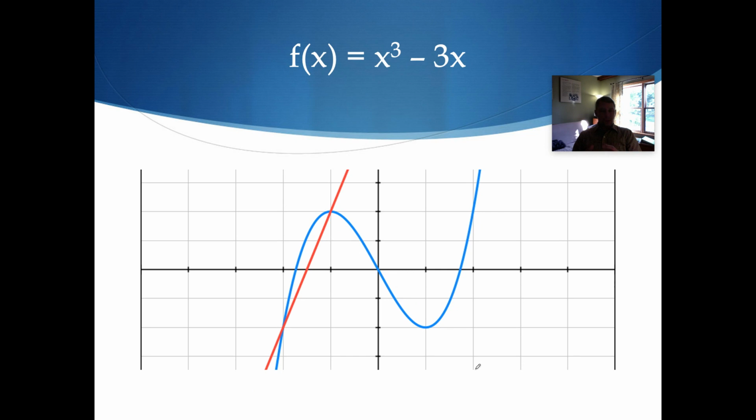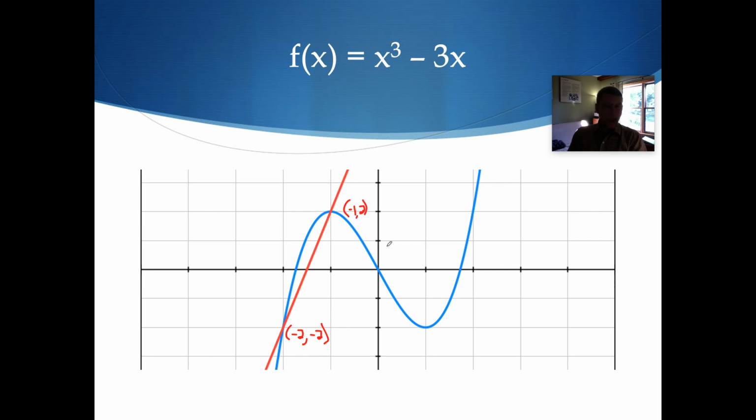So here is the first line that I tried to draw. This point, remember, is negative 2, comma, negative 2. This point up here is negative 1, comma 2.